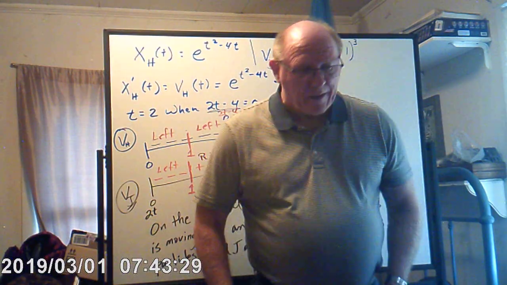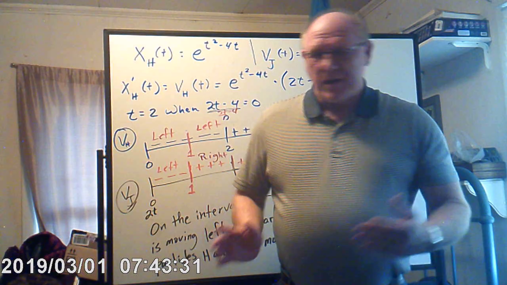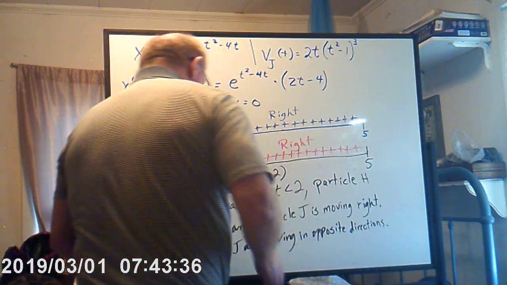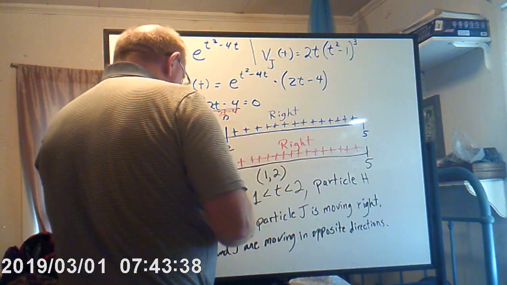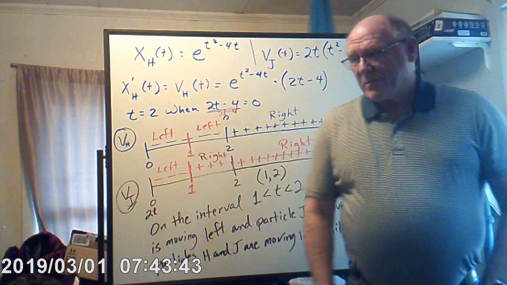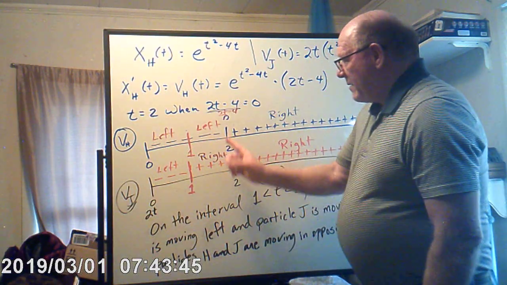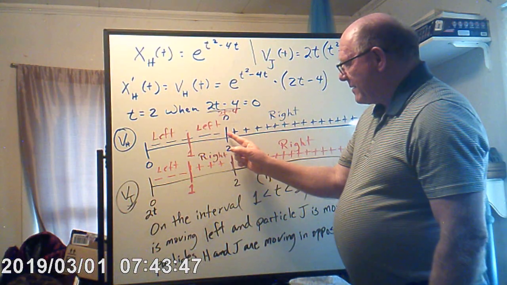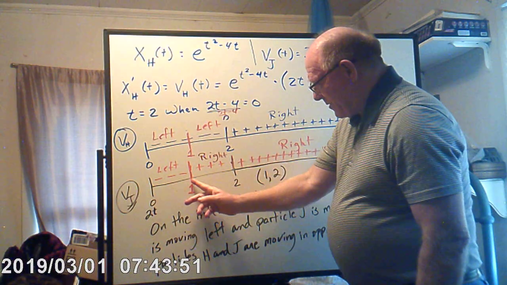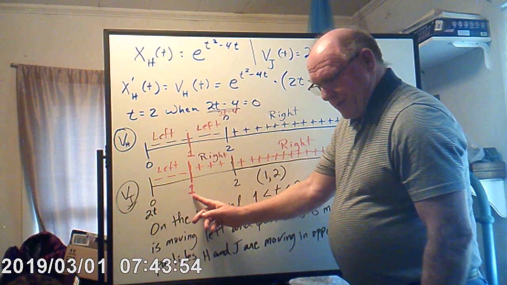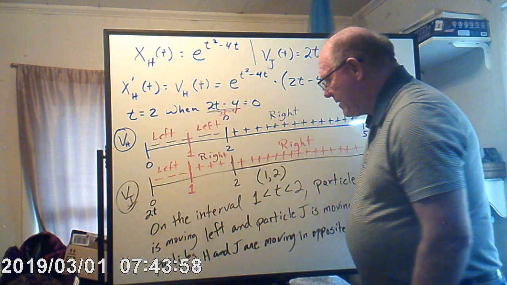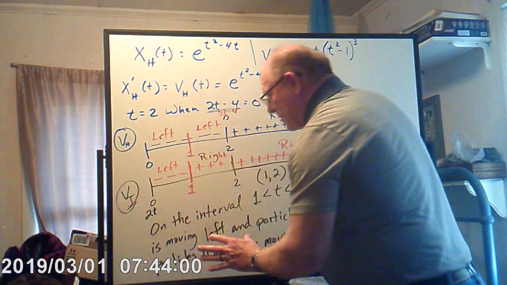Going by the number line, left, and then instantaneously it stops and turns, and moves right. But this one does not turn right until after 2, but this one turns right just after 1 second, whatever, second, minute, hour, whatever. That's what that means, though.